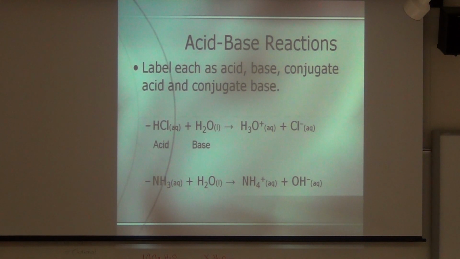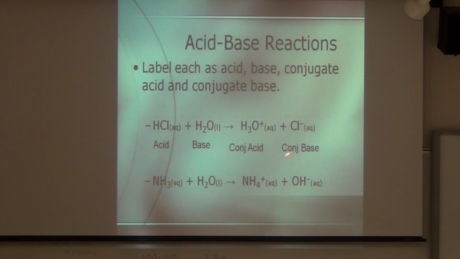Water can be either a base or an acid. It depends on what it's mixed with. So HCl we know is an acid, that means water has to be the base. So conjugate acid is what we get after we've picked up the proton. So the base is going to become the conjugate acid.